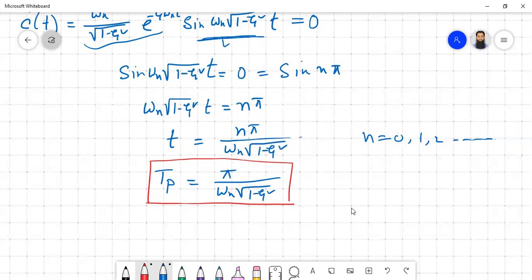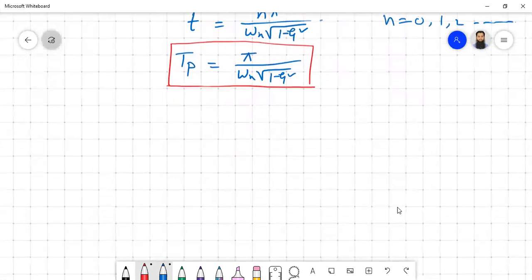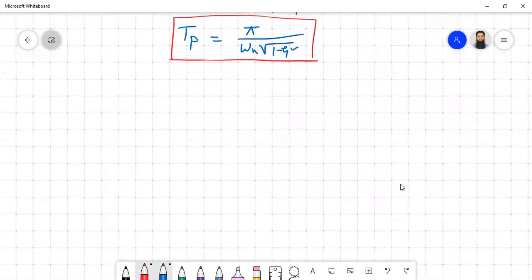Okay, so the next thing that we have to figure out is the evaluation of percentage overshoot. Step by step, we'll try to cover all four of them.